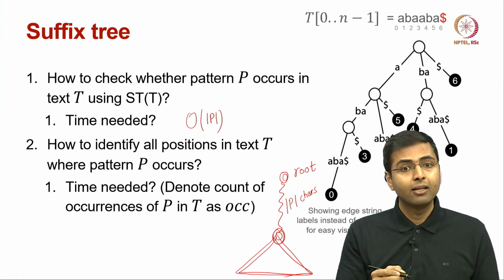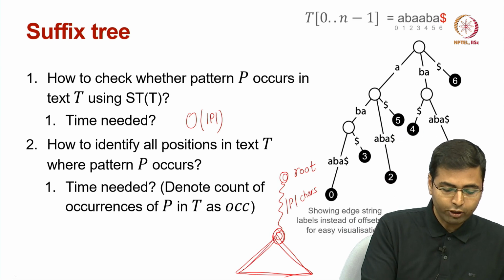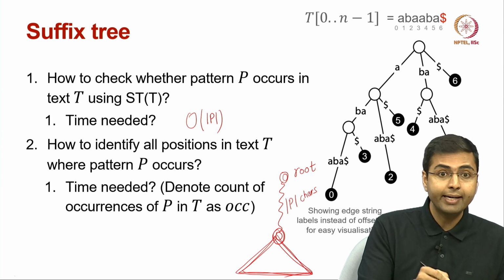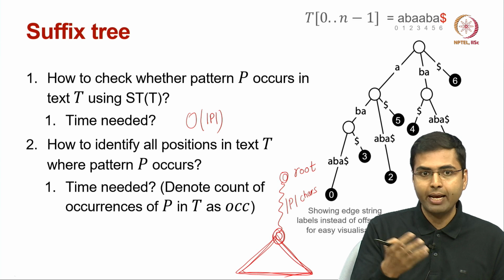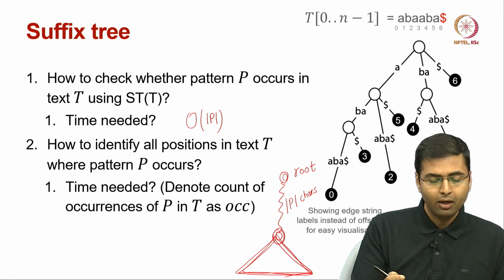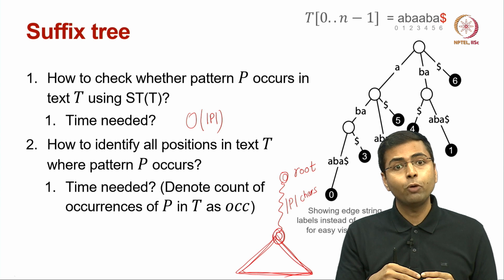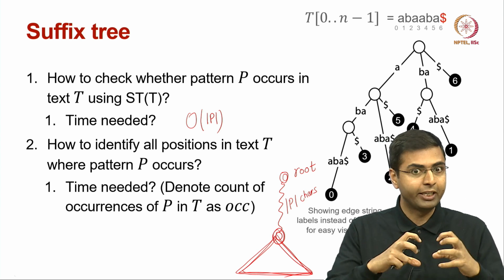Now observe, what is the size of this subtree? If I want to traverse this subtree, I will have to do a linear time traversal like a breadth first search or a depth first search. But we can argue the same property here, that the number of internal nodes is going to be less than the number of leaf nodes in this subtree.